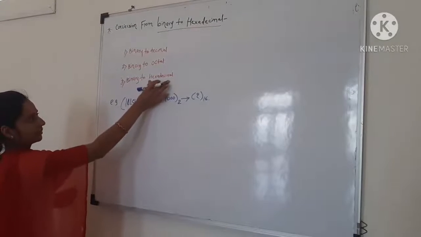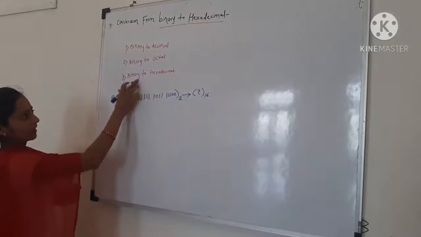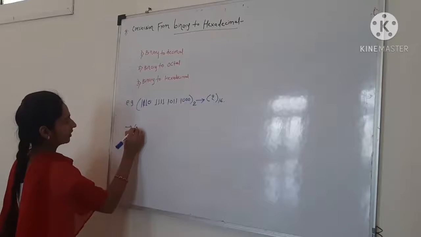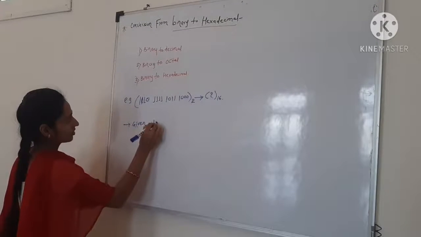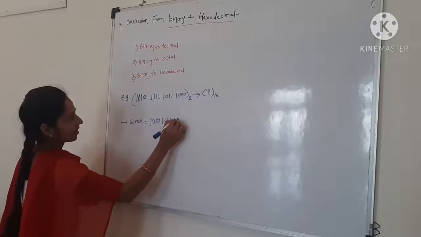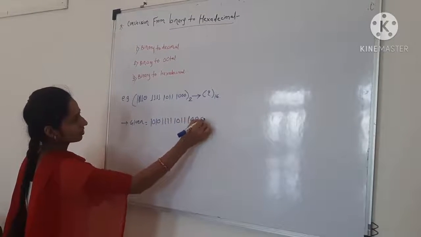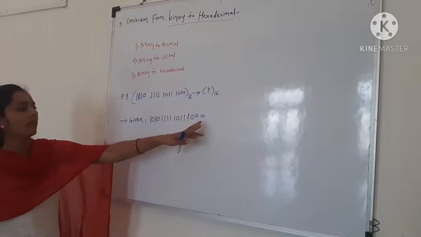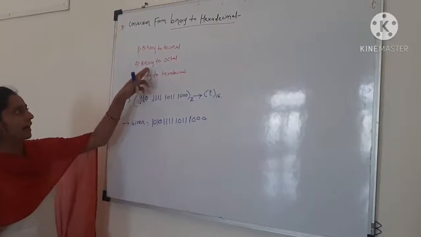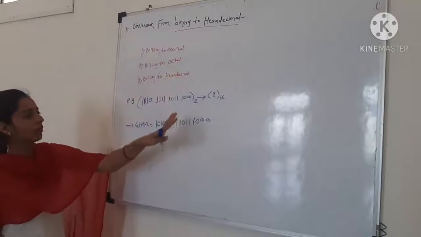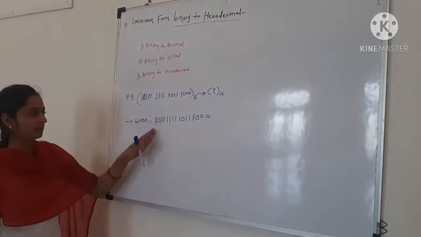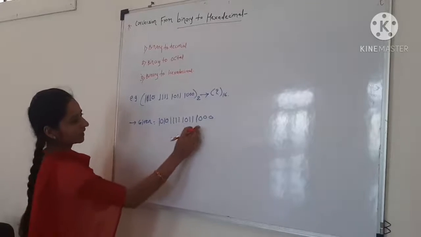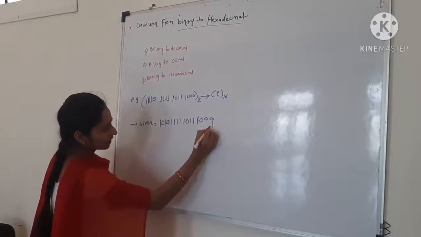The difference in hexadecimal is that we have to group the binary number into sections of 4 bits. We do the grouping of 4 bits starting from LSB to MSB. In octal the group size is 3 bits; in hexadecimal the group size is 4 bits. So let's start the grouping.